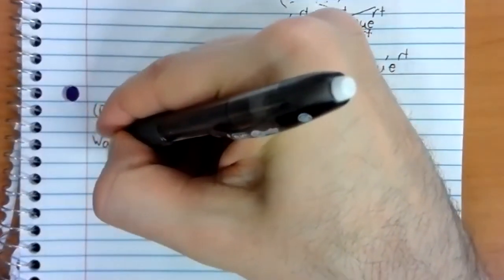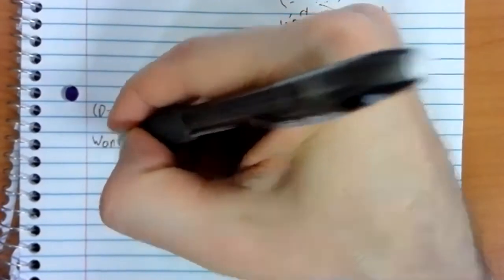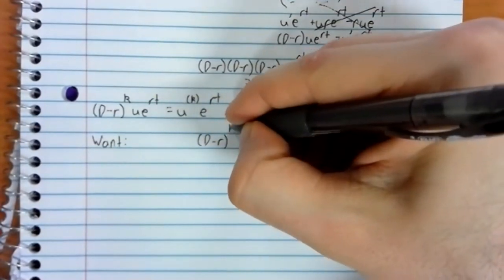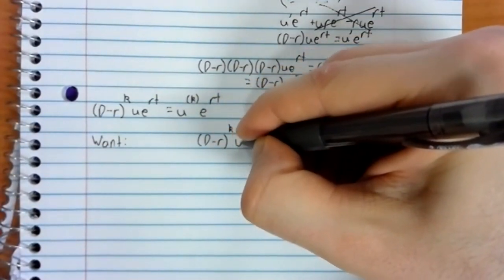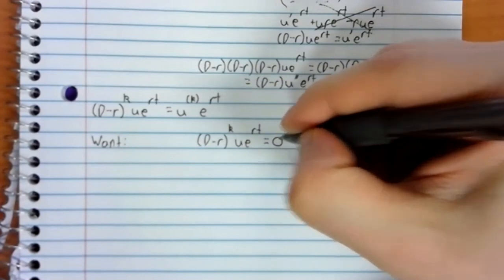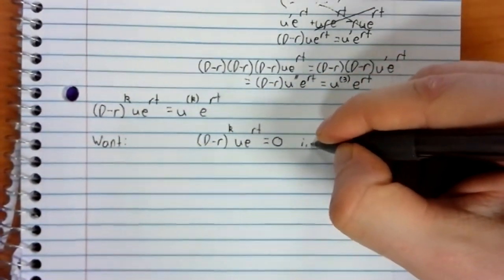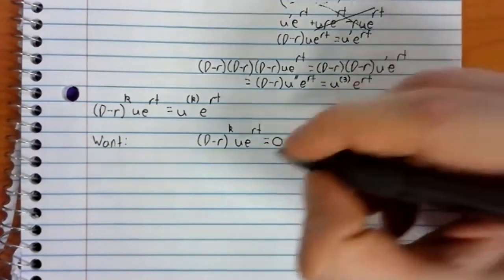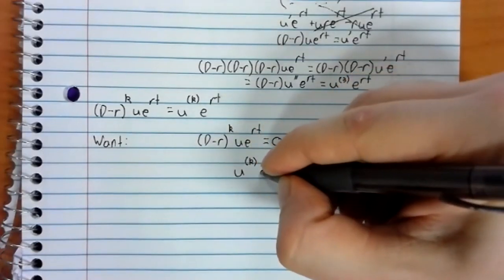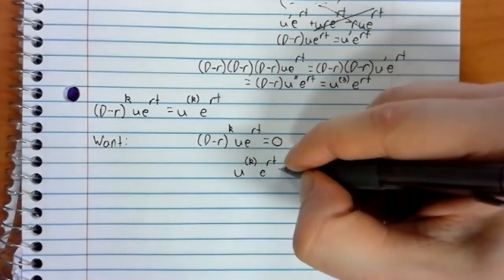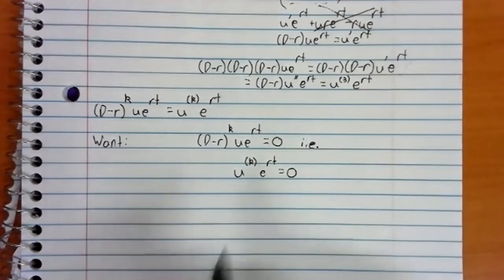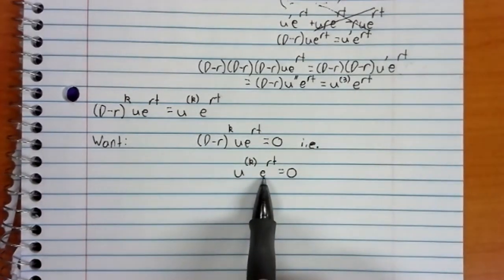And we want this to be 0. Well, e to the rt is positive.